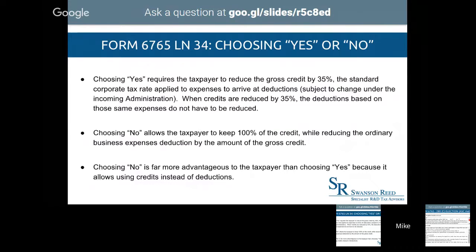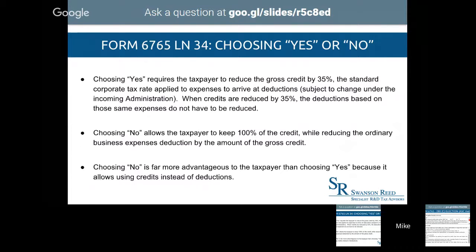So if we elect yes, what we're doing is we're telling the IRS to deduct out those expenses out of your credits. Now, the IRS has selected an arbitrary rate of 35%. That is the standard federal tax rate for corporations. So they selected that, and that may be changed under the incoming administration, but right now it's 35%.